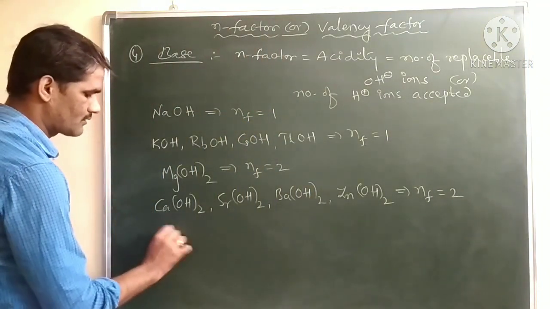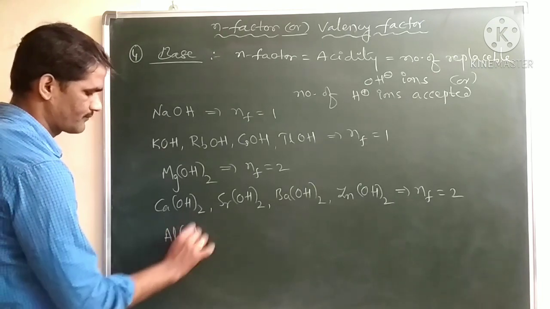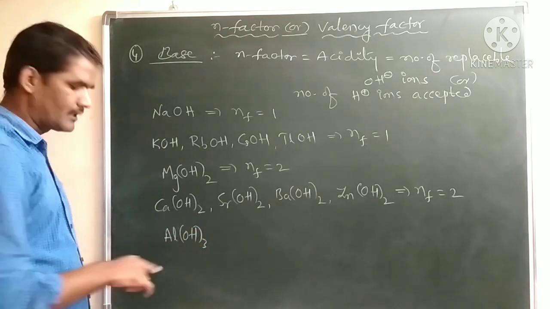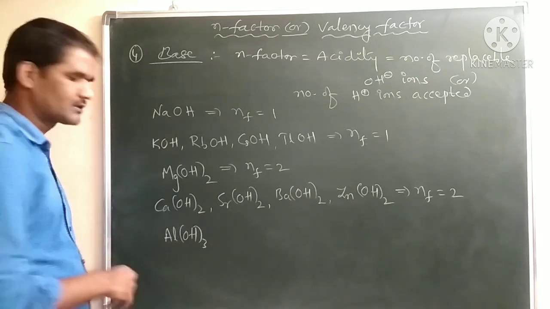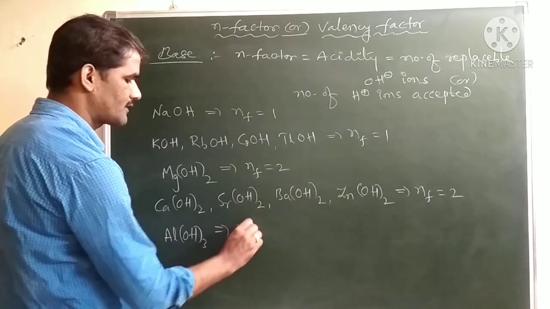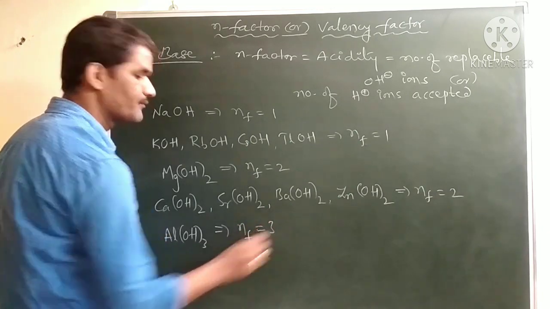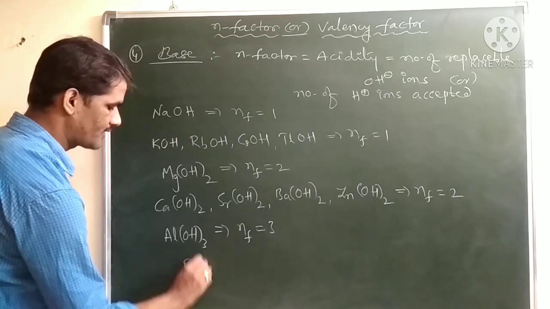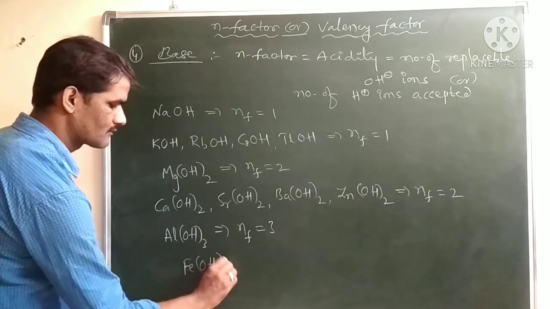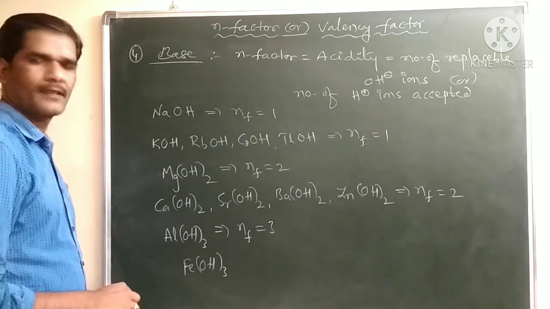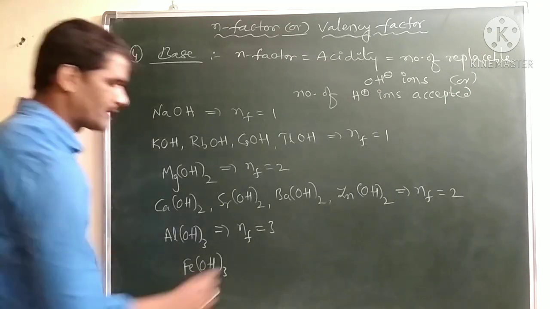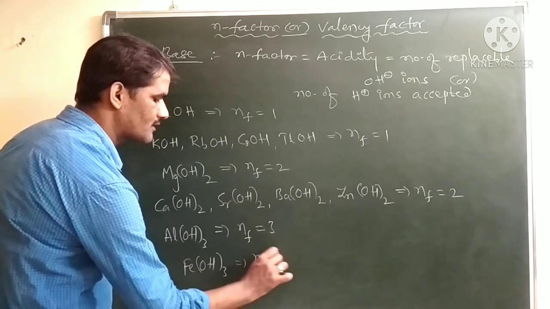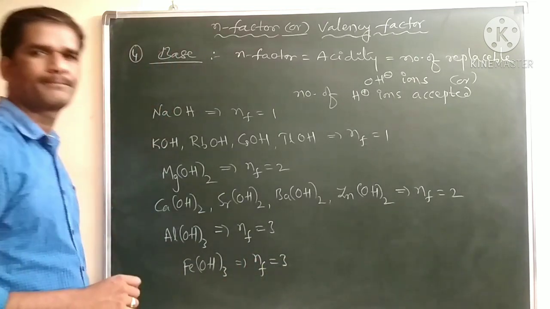Next, aluminium hydroxide. In case of aluminium hydroxide, number of replaceable OH minus is 3. So N factor is equal to 3. Like ferric hydroxide, here also 3 replaceable, so N factor is equal to 3.